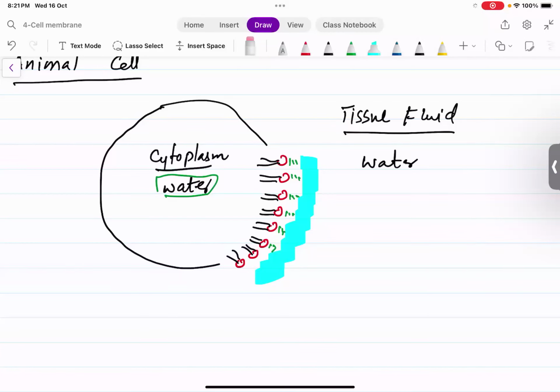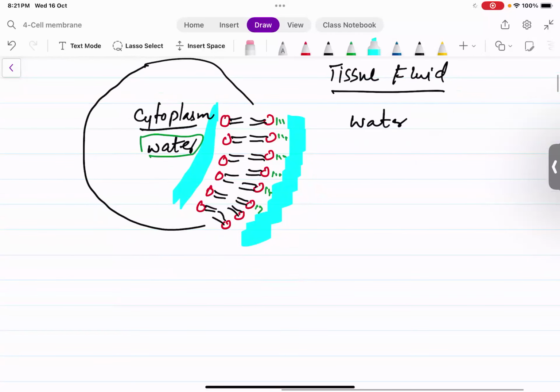They have phospholipids arranged in a cell membrane in 2 layers like this. They're arranged in 2 layers in such a way that each layer has the polar heads facing the water and the tails facing away from the water, and this makes two layers of phospholipid molecules, which is known as a phospholipid bilayer.